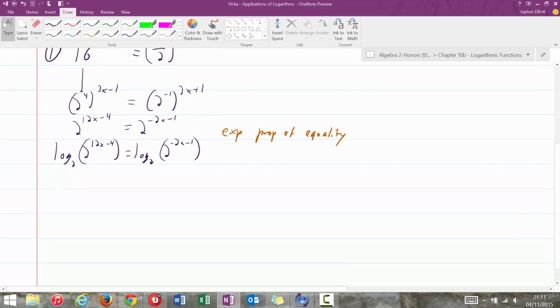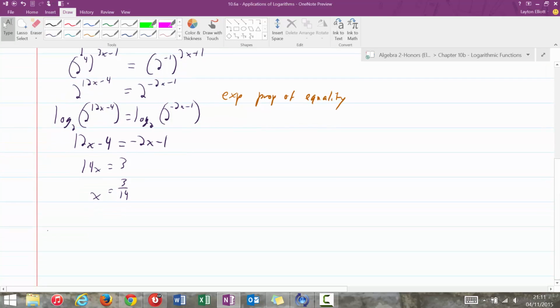And when I take the log base 2 of both sides, that's the operation that actually cancels out the base of 2 and gives me just the exponents by themselves. And then I can go ahead and solve. 14x is equal to 3, and x would be 3/14.